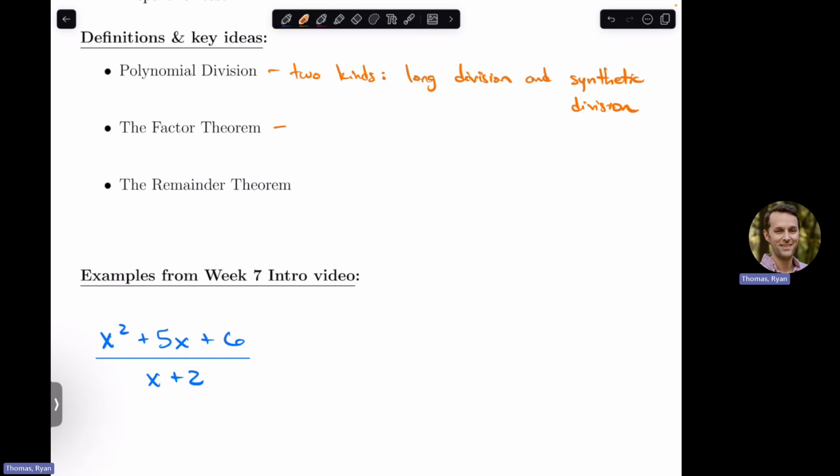What the factor theorem says is that a polynomial f of x has a 0 at x equals a if and only if x minus a is a factor of f of x.